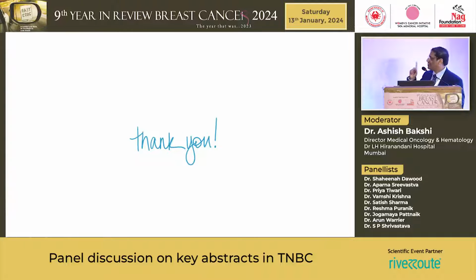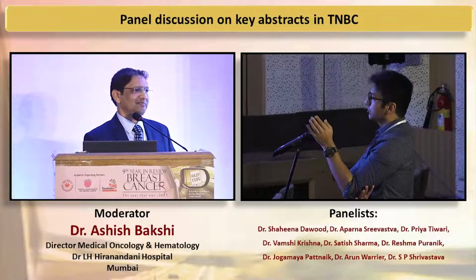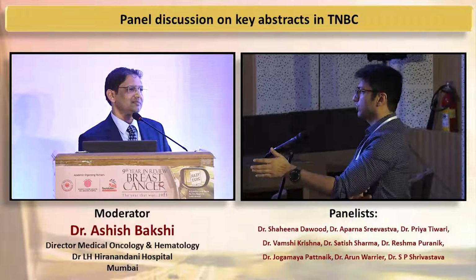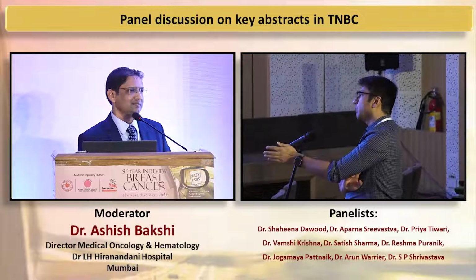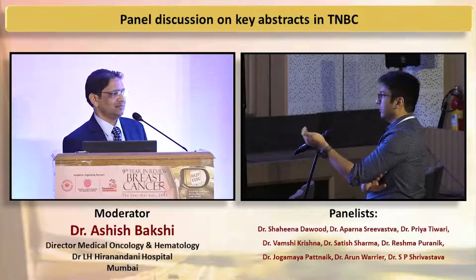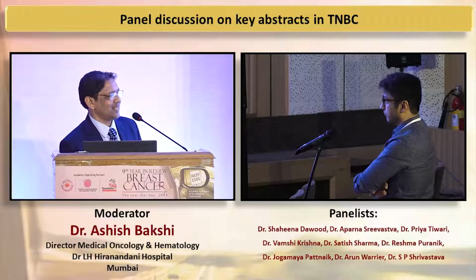Can I take one quick question on the other way around, like omitting pembrolizumab? If there is a patient with high-risk TNBC who did not receive pembrolizumab somehow in the neoadjuvant setting, and has landed up now with residual disease, would you still offer it? We don't have evidence, but any takers?